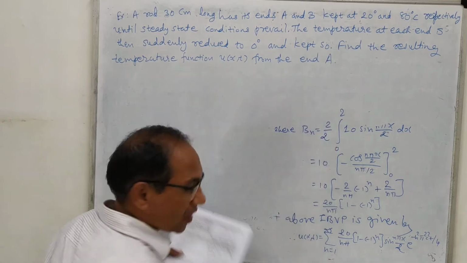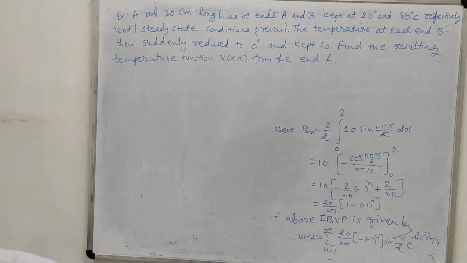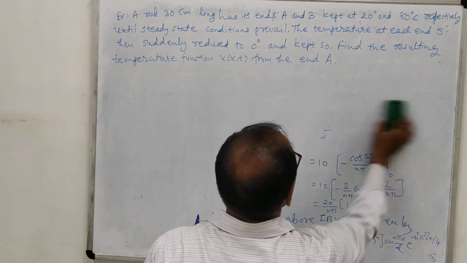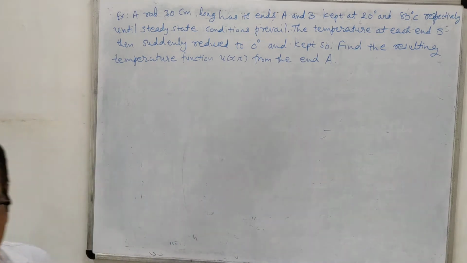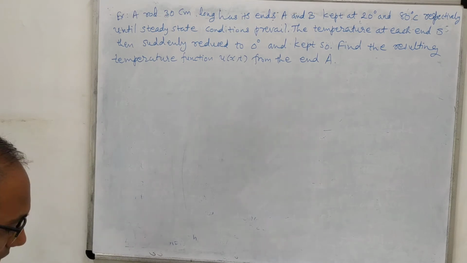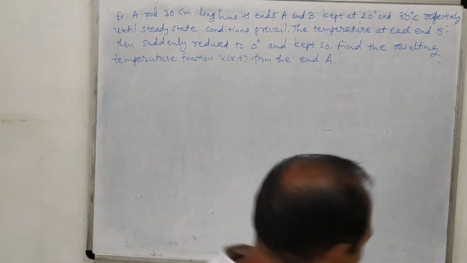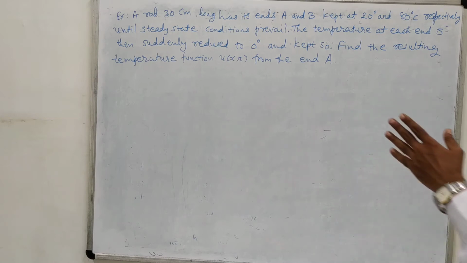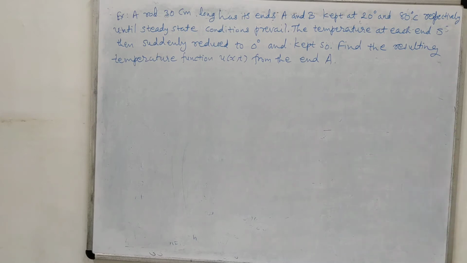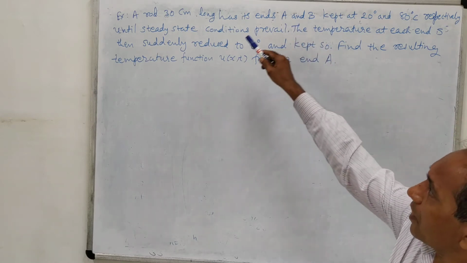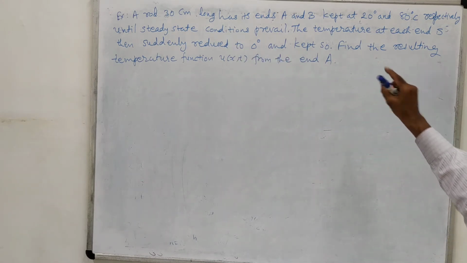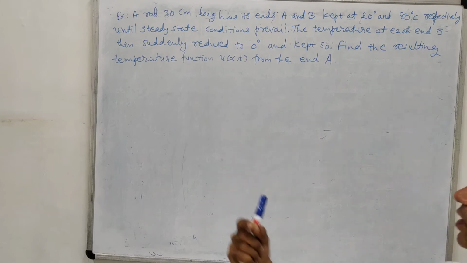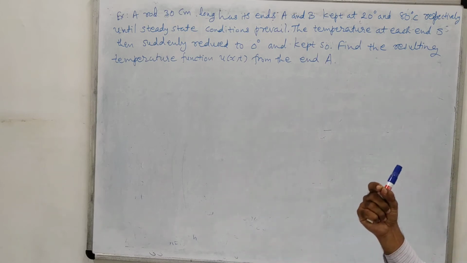Now see here, this problem is also very simple, but it is slightly different from the theoretical considerations. Here it is written that a rod 30 cm long, that is L equal to 30, has its ends A and B kept at 20 degree and 80 degree.